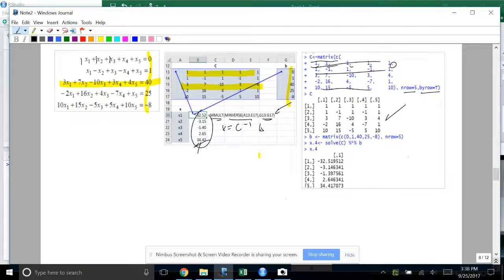So I got my right C matrix. I create my B as B's 0, 1, 40, 25 over here. And what do I do? I just matrix multiply. So I take in R, this is C inverse times B, and that gives me my vector of x's. So yay, it works.